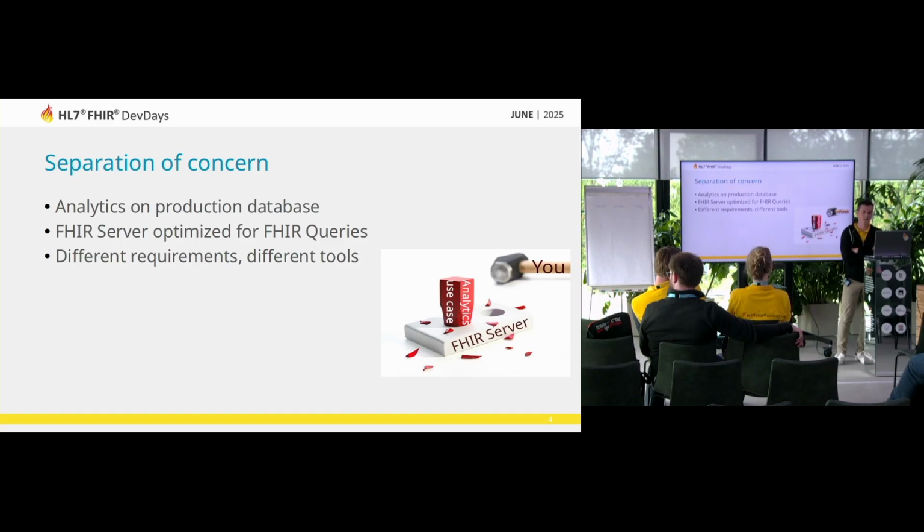So I would like to establish a clear idea of separation of concern when something you would need to do outside of the FHIR server, not to have the primary use case of such a FHIR server impacted by your secondary use cases. So really, as soon as you see something that would impact the performance or in any kind of way affect the primary data flow, perhaps it's good to look outside the box and see what kind of integrational capabilities there are.